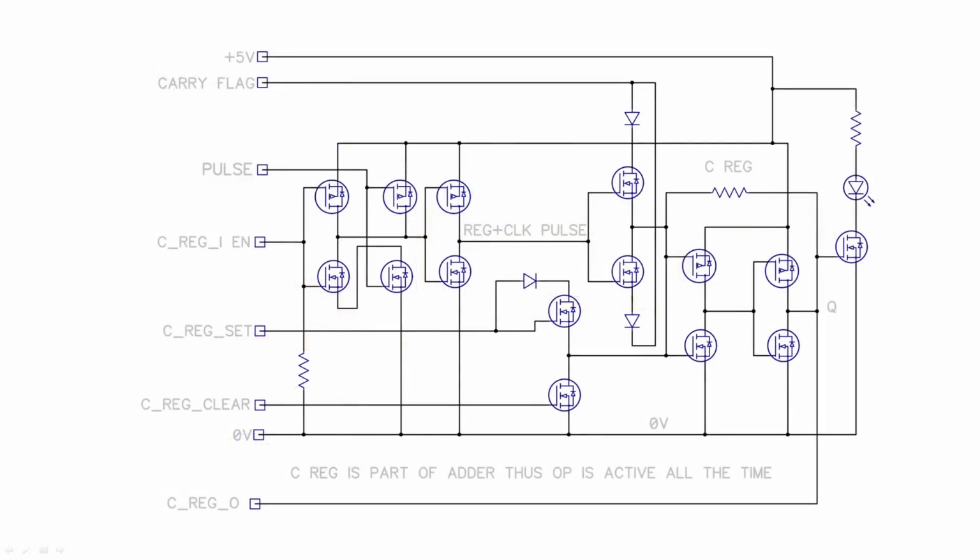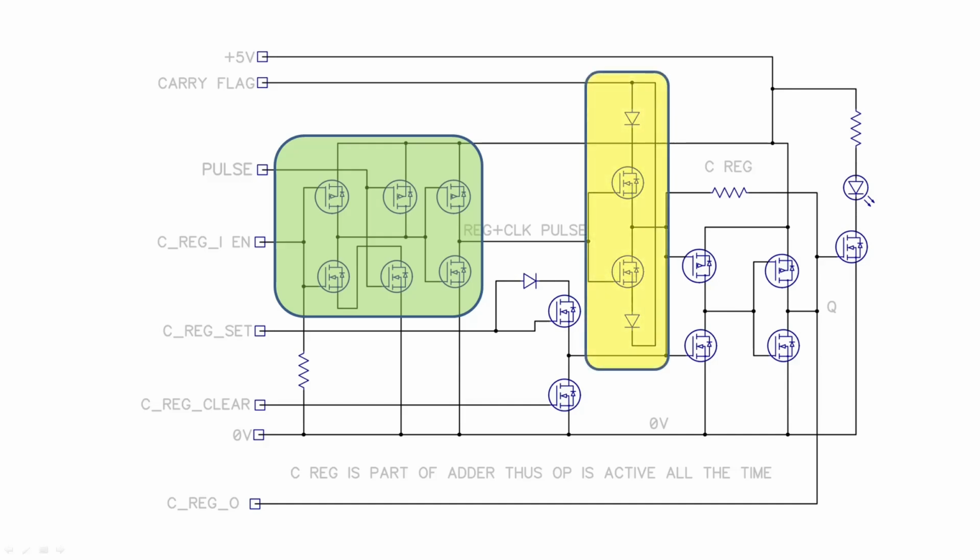So this is the actual circuit of the C register. You've got your standard pulse and register input enable AND gate. And there's your input control, so if you want the carry flag to come in or not. And there's the actual memory cell made of 2 NOT gates and your feedback resistor, your weak pull-up.